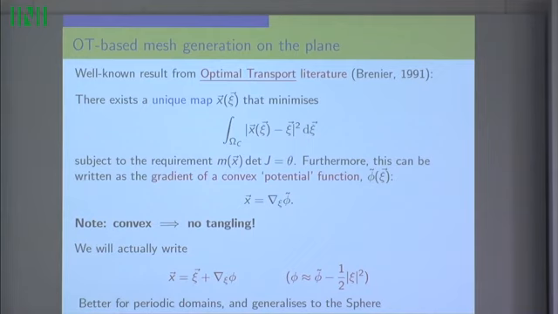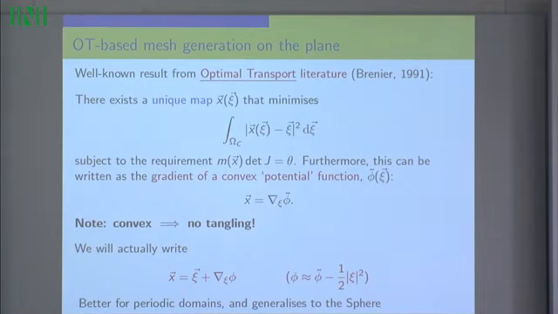So Brenier in 1991 proved this astonishing theorem that there is a unique map which minimizes that subject to this equidistribution equation. But Brenier went a lot further than that. His proof was essentially a constructive proof.